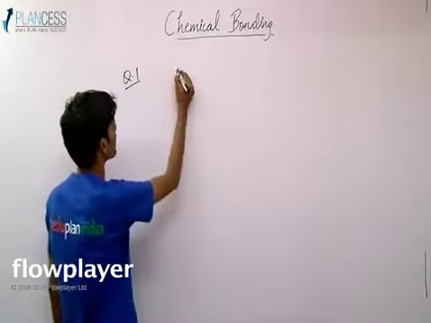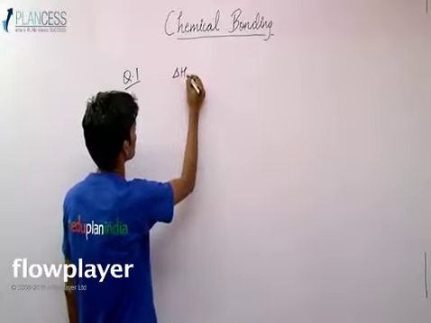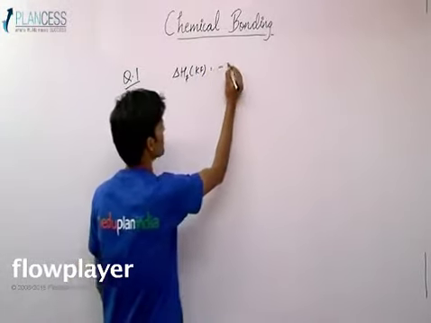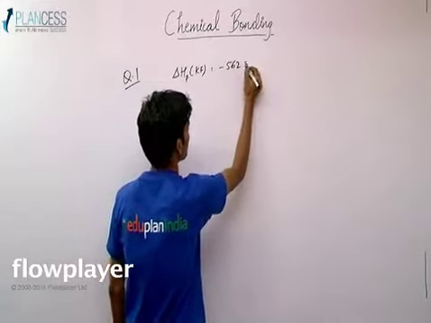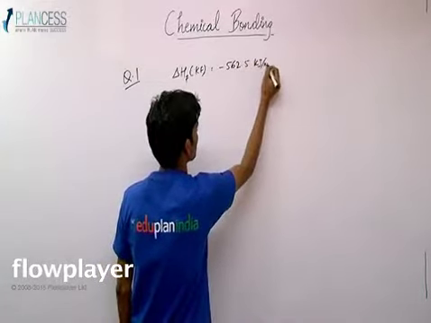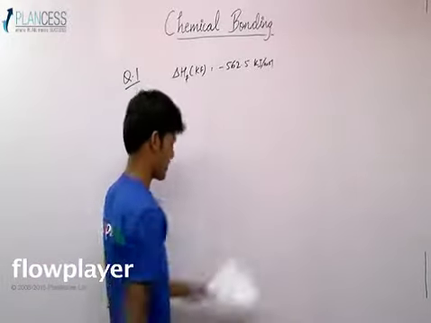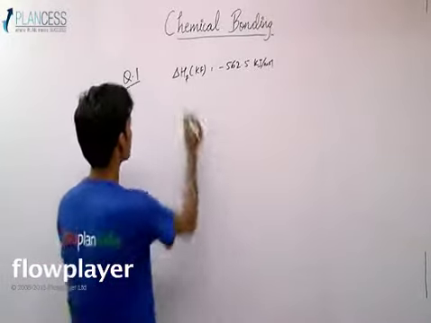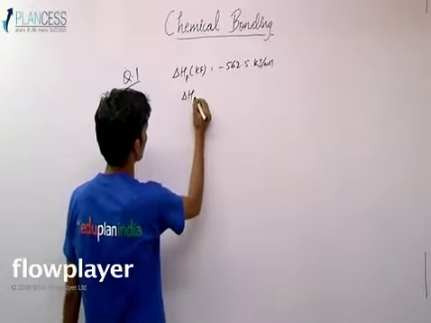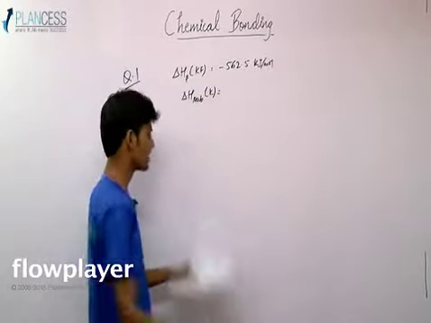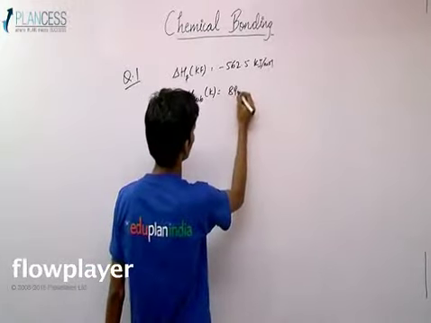So we are given the net enthalpy change for KF as minus 562.5 kilojoule per mole. And delta H sublimation of potassium is given as 89.6 kilojoule per mole.